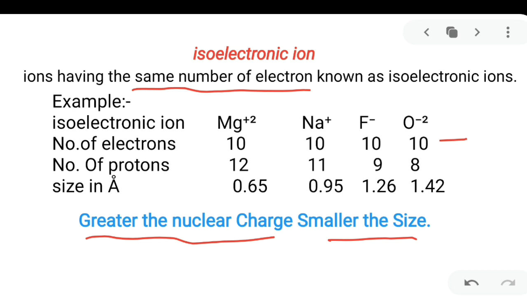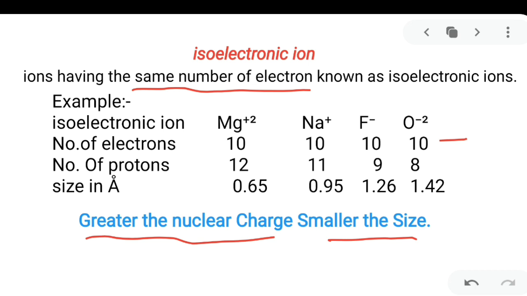So as you can see, magnesium ion possesses 0.65 angstrom, sodium 0.95 angstrom, fluoride 1.26 angstrom, and oxide possesses 1.42 angstrom. So children, for isoelectronic species, when you get the question, you will see the nuclear charge or number of protons. More the protons, smaller the size.